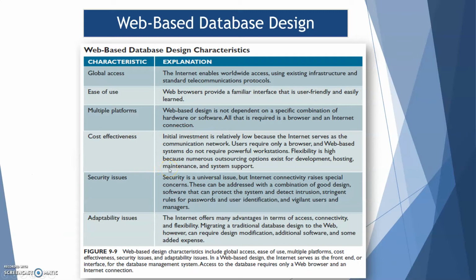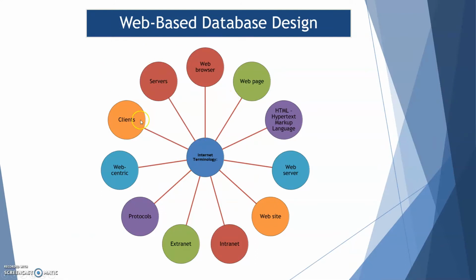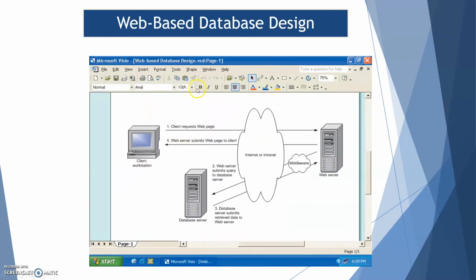Internet technology provides enormous power and flexibility because the system is not tied to any specific combination of hardware and software. These are examples of internet terminology. To understand web-based data design, it is helpful to review some basic internet terms and concepts.